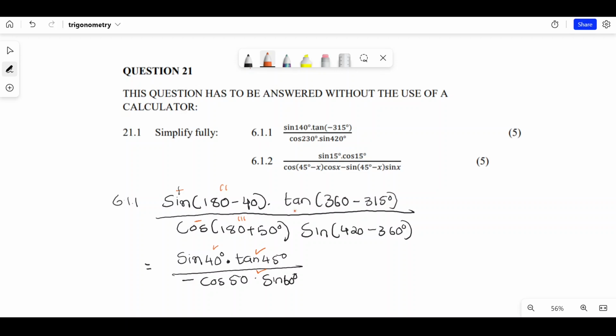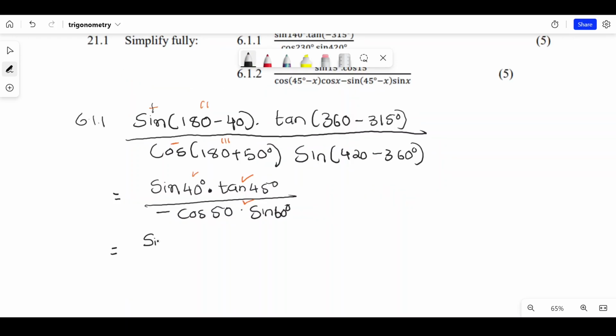Okay, now let's see sine 40. Tan 45 is 1 divided by, now this is another important part. Complementary angles are angles that add up to 90 degrees. So when you see complementary angles, you can immediately change the cos 50 to sine 40.